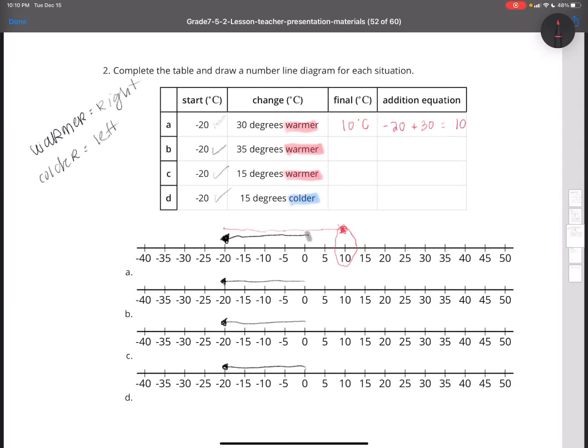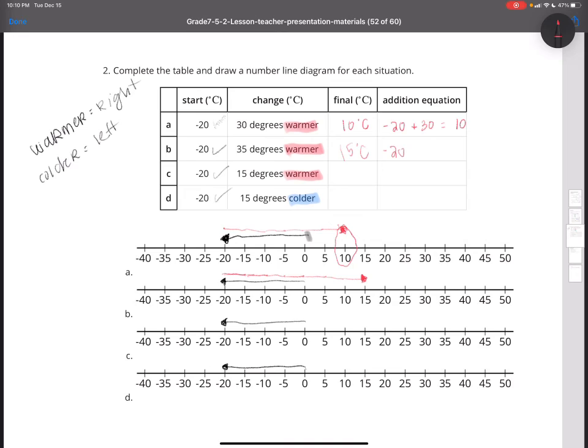So the next one, it said that it got 35 degrees warmer. So let's start counting. Not 1, 5, 10, 15, 20, 25, 30, 35. Okay, so we have 15 degrees Celsius.